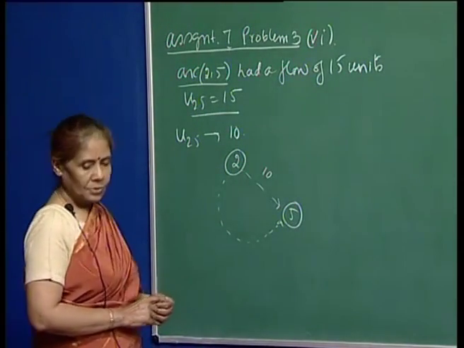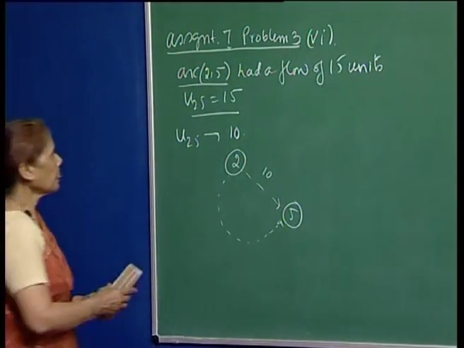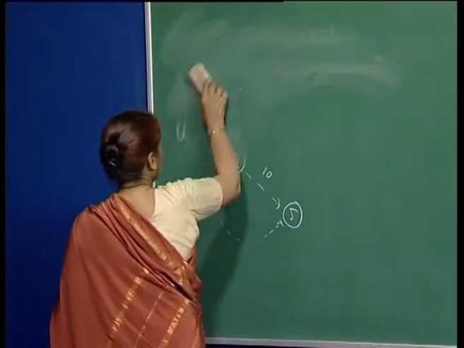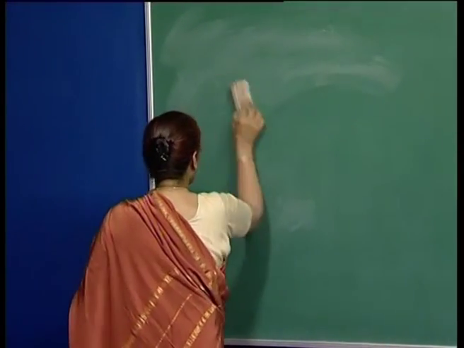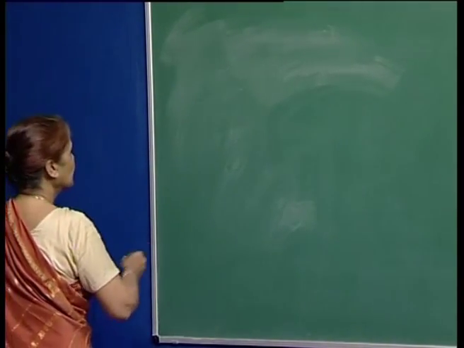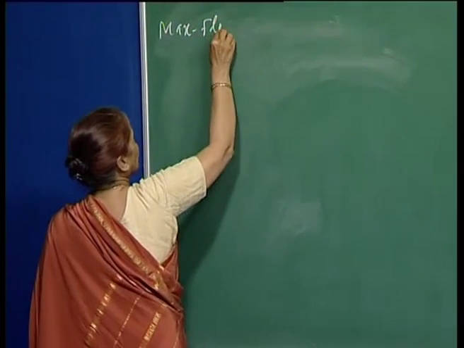Okay. Now, we were discussing the max flow problem, and let me just revise quickly how we had defined the problem. I had also given you the dual. So, we come back now to the max flow problem.